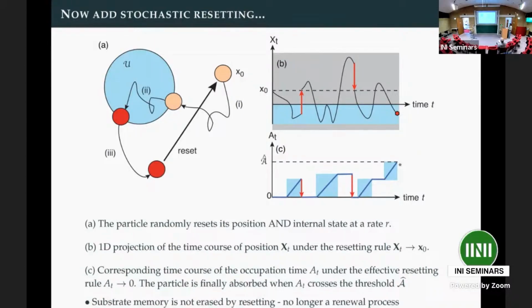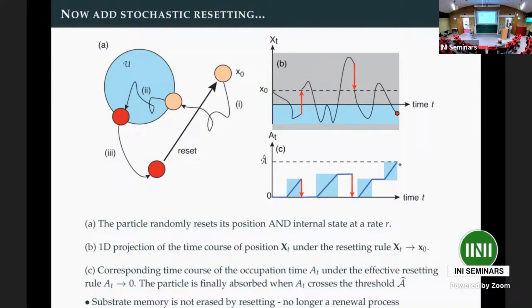And certainly this is the sort of thing one thinks about when looking at things like run and tumble particles, where you not only reset the position of the particle, but you also have to reset the allocation of the velocity state it's in. So it's not completely out of the blue thinking about this. Whereas if it was the substrate that changed, then it seems less plausible that when you reset the position of the particle, you're also resetting the substrate. It's a non-local process.